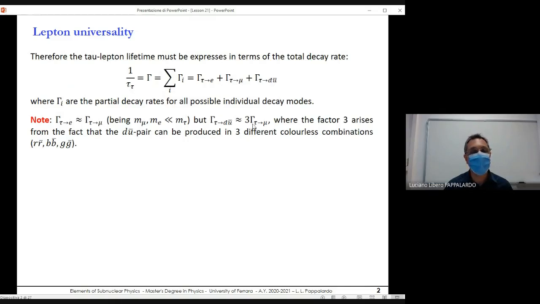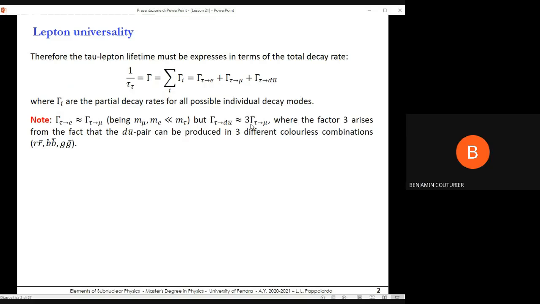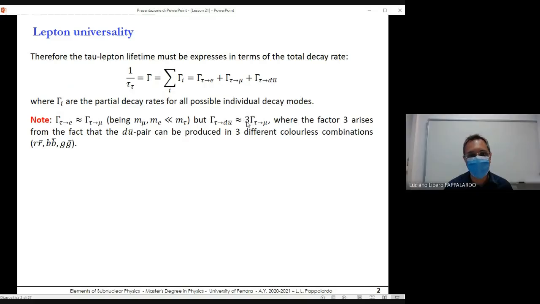But this is not the case for the decay into quarks, because here we have an additional factor 3. It accounts for the fact that since the tau is colorless, of course, it is a lepton, then also the final state must be colorless. And so there are 3 possible ways that a quark-antiquark pair is colorless: red anti-red, blue anti-blue, green anti-green. So you have to account for this with the factor 3.